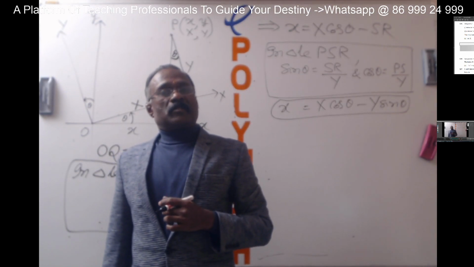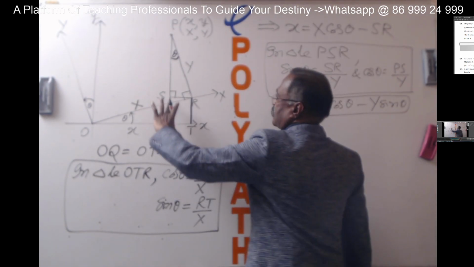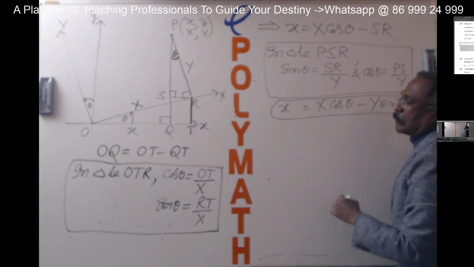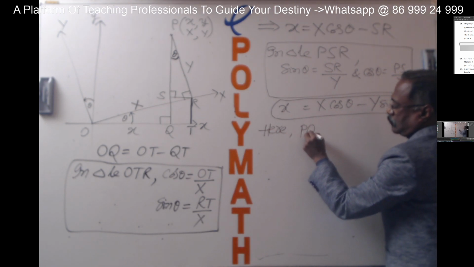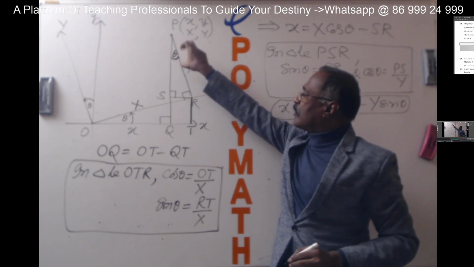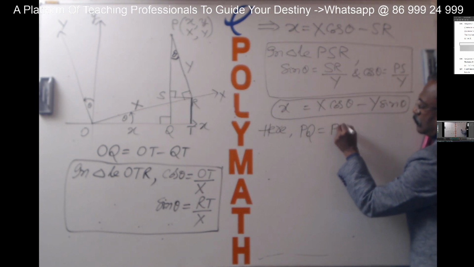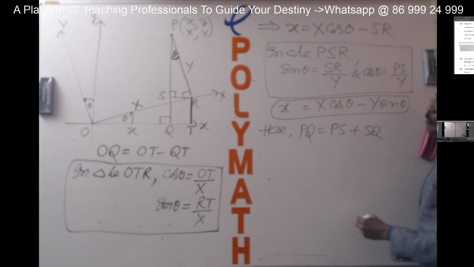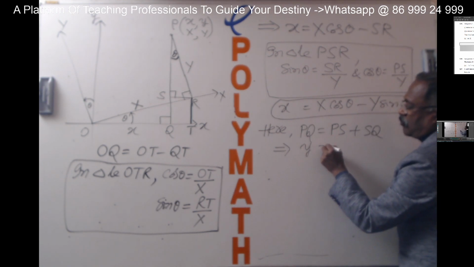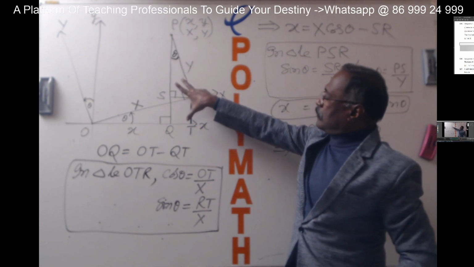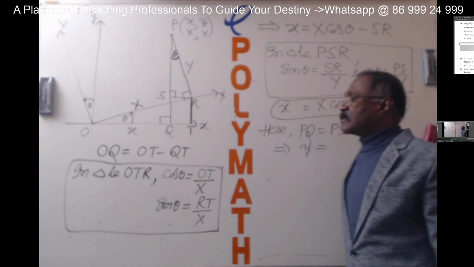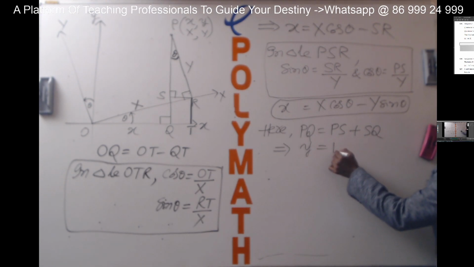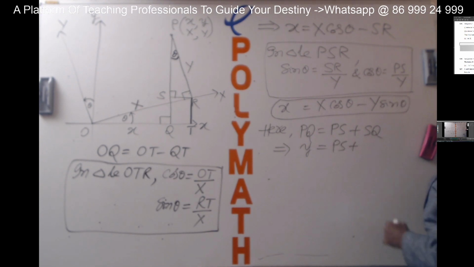We have to find now small y. Small y is nothing but PQ. PQ is equal to PS plus SQ. PQ is small y, the height of this point with respect to the original axis. It is equal to PS plus SQ, and SQ is again RT.